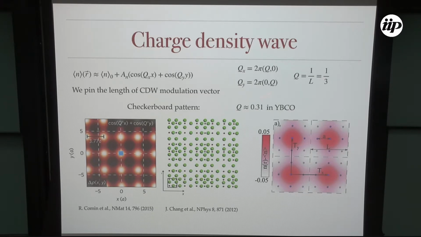The length of this is free because we have a free site per unit cell. It should be noted that in the experiment the length of the modulation vector is about 3.2. So we restrict it to an integer value, and we set it free. It's in good agreement with experimental data.